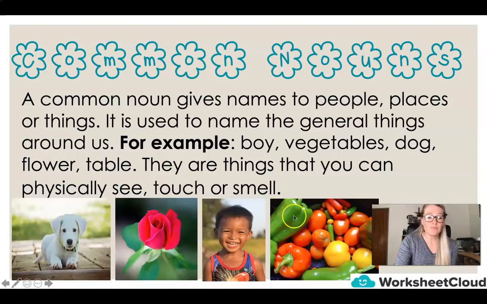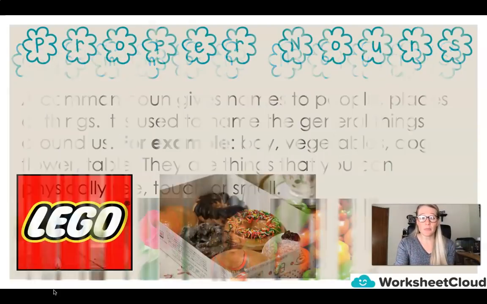For example, we have boy, we've got vegetables, we've got dog, we've got flower, table, where hopefully you're sitting at, and remember that it's all the things that you can physically see, you can touch, you can smell, you use your senses, right? And so whenever I explain a common noun, it is things that you can commonly see, touch, feel, and so the things that are present, that are commonly there, right? So that is our common noun.